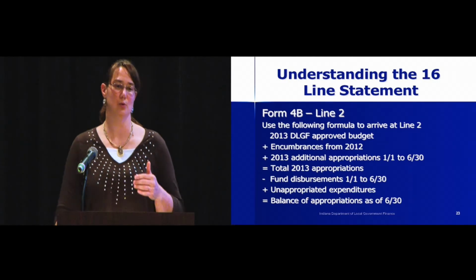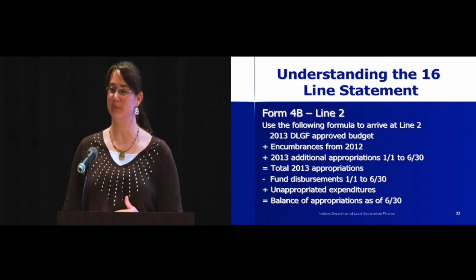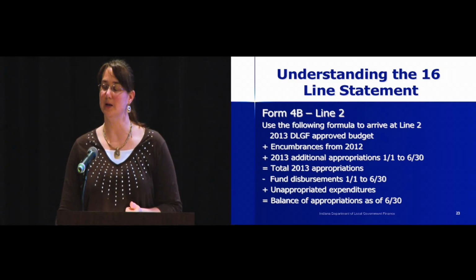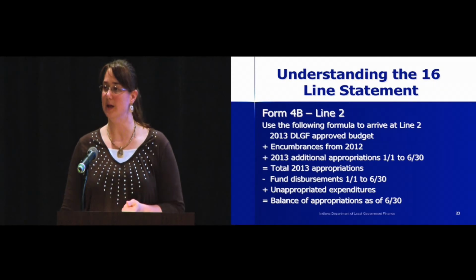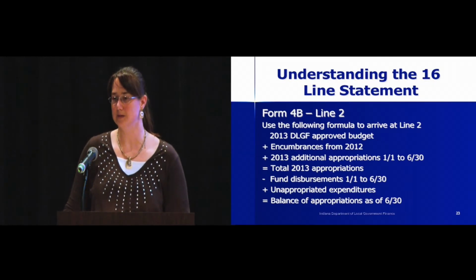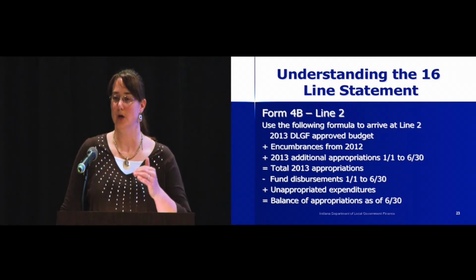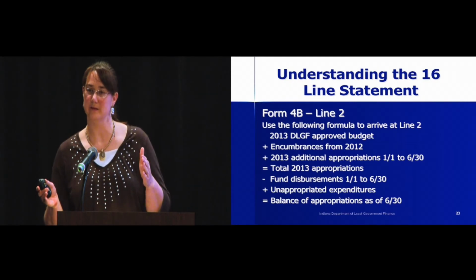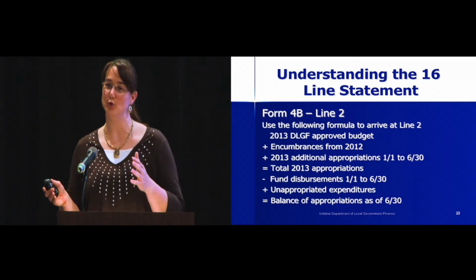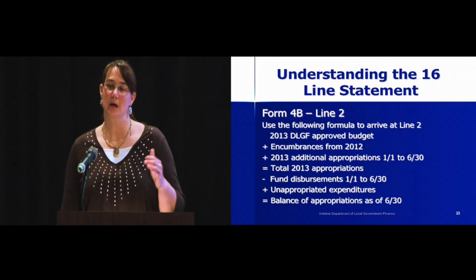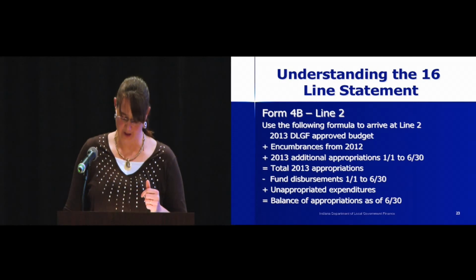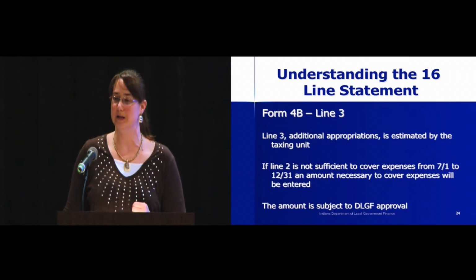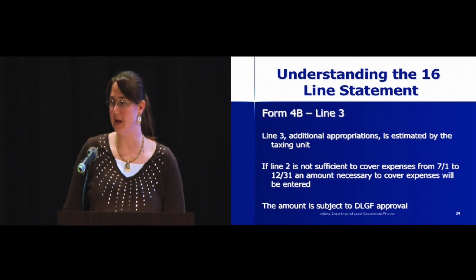We will ask you what you have spent for the first 6 months. We will ask you about any encumbrances that you have, any additionals that you've done the first 6 months. That gives you your expenditures for the remaining 6 months of what you could spend. The next information, we will ask you if you plan on doing any additionals for the remaining 6 months.